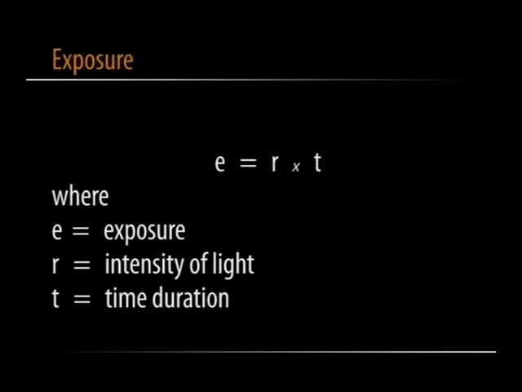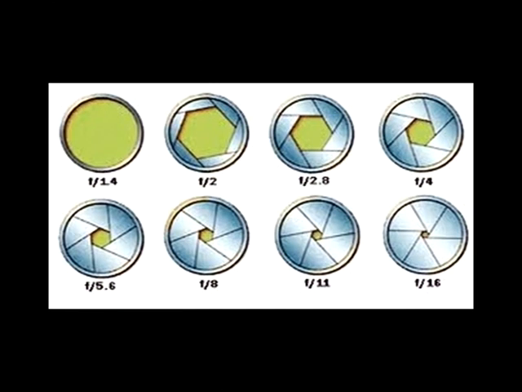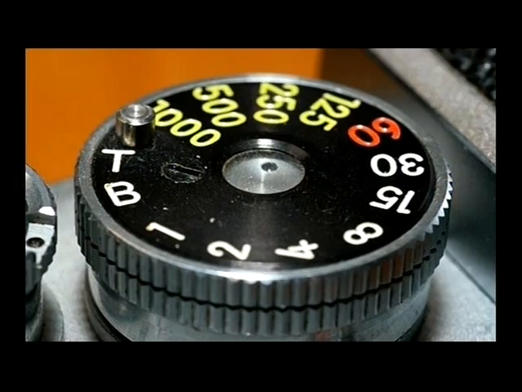I have already explained E is equal to I into T. E is the exposure, I is the intensity which is controlled by the aperture, and T is the shutter speed. To control the aperture, you have different aperture numbers, F numbers, and to control the shutter, you have different shutter speeds. When we expose a picture, we expose with a combination of aperture and shutter.